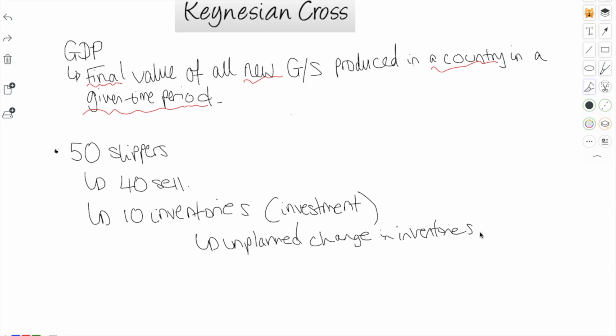Now, some firms do plan for this. They do plan, well, I'm going to make this many and I expect that they won't all sell and therefore I can add this amount to the inventories. That's fine, but I'm just using a very simplified example where we've made 50 in the hopes that we're going to sell 50, and what happens in reality is only 40 of them sell and therefore 10 of them go towards inventories, which counts towards investment in terms of GDP, and therefore it does all still count towards GDP in that time period, okay?